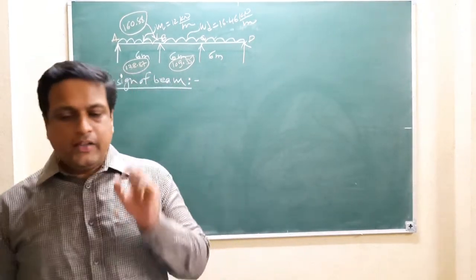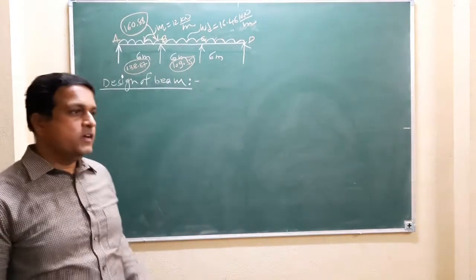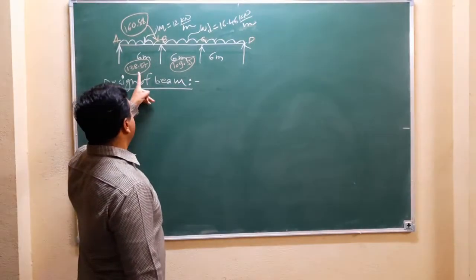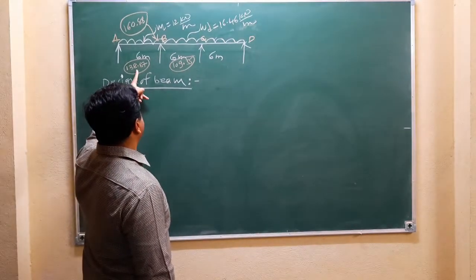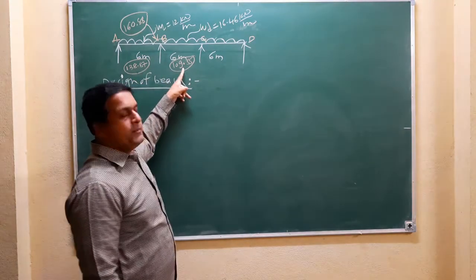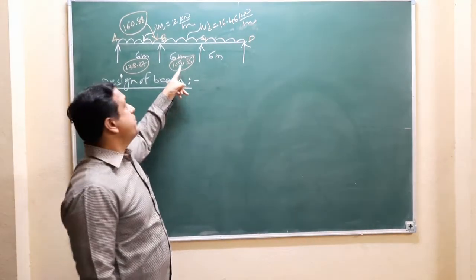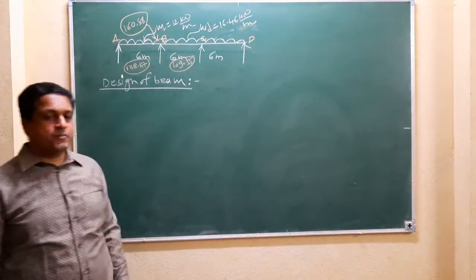Now you have to find out the depth of the section for the maximum bending moment. We have now 3 bending moments: 138.87 at the end span, 109.55 at the intermediate span, and 160.88 at the next to end support.